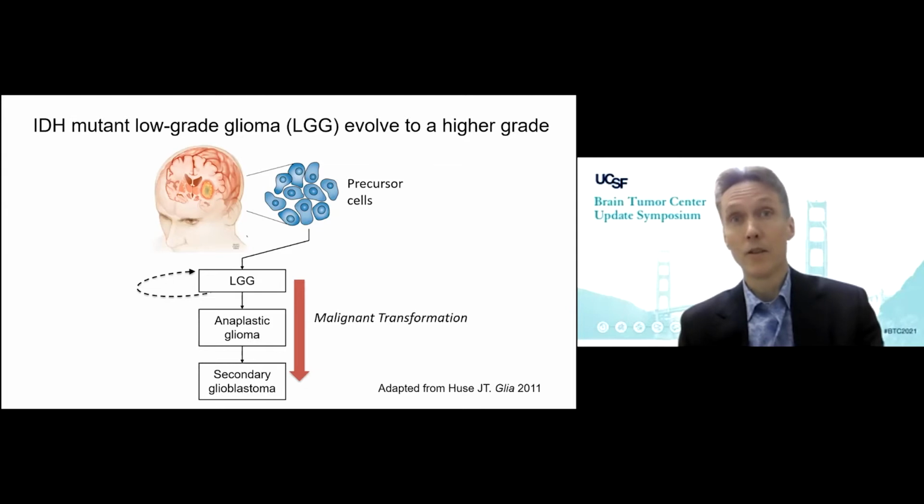So we set out to do a genomic study to try to understand the mechanism of malignant transformation, with the idea that we could then use that information to apply existing therapies in a better way or develop new therapies. And in the process of trying to understand that malignant transformation, I think we came up with what may be one of the causes of malignant transformation.